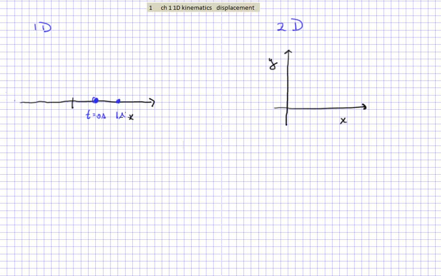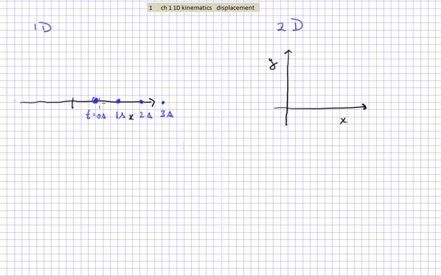Let's say we're using seconds. The position is here, the person is here, and then at some time 2 seconds, 1 second later, the person's position is here, and then at 3 seconds the person's position is there.